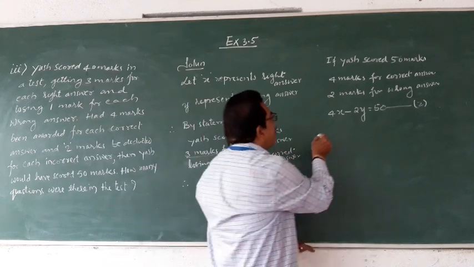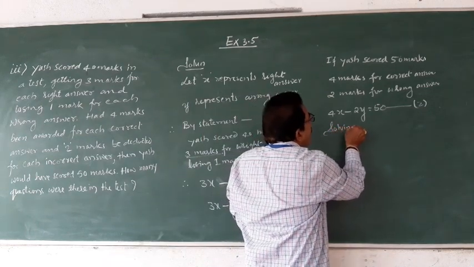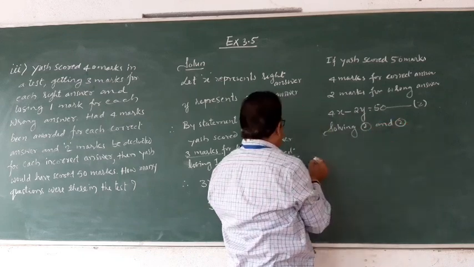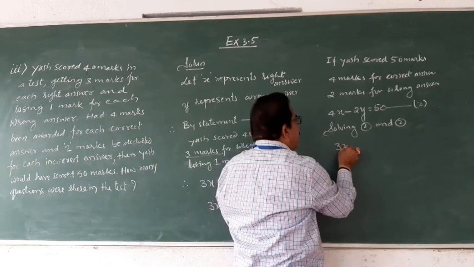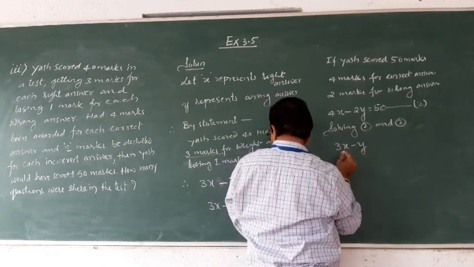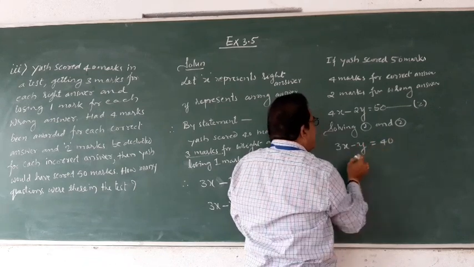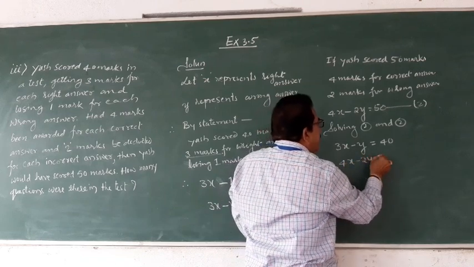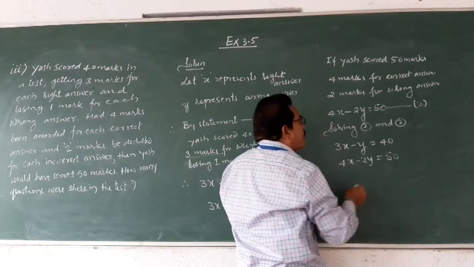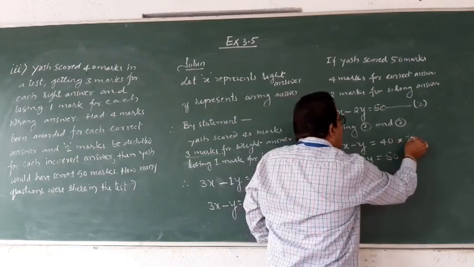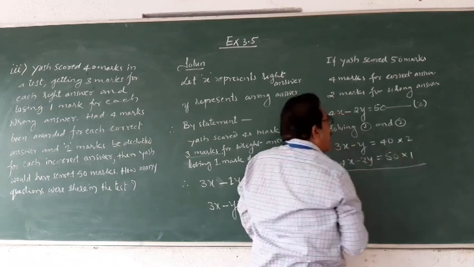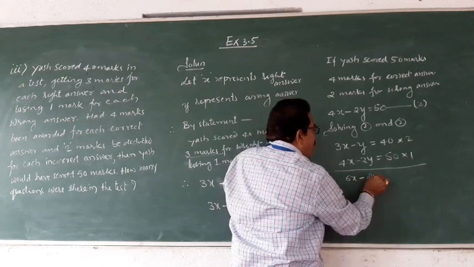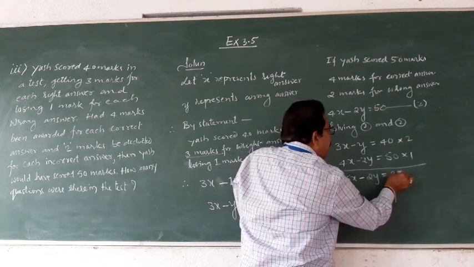Okay, solving 1 and 2. First is 3x minus y equals 40. Then 4x minus 2y equals 50. Let us multiply the first equation by 2: 3 twos are 6x minus 2y equals 80.